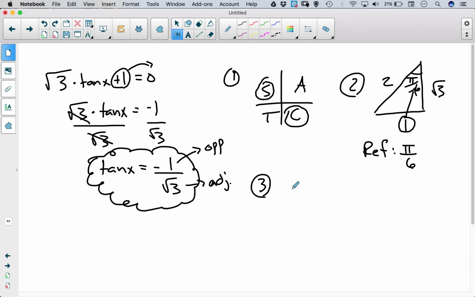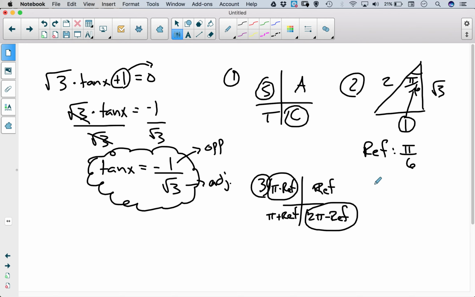Step 3, we will lay it out and figure out where our answers will be found. So reference in this quadrant, pi minus reference in this, pi plus reference, and 2 pi minus ref down here. So we know that tan is negative in S and C, so tan will be negative in quadrant 2 and quadrant 4.